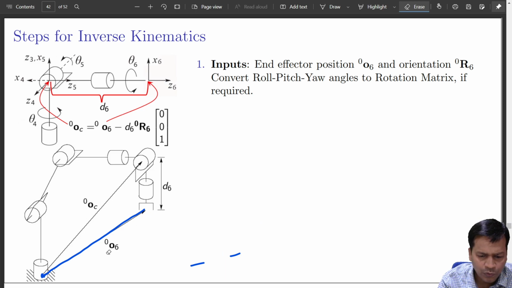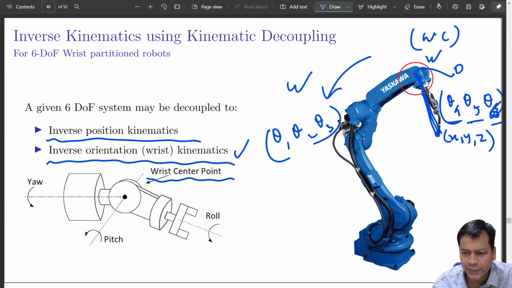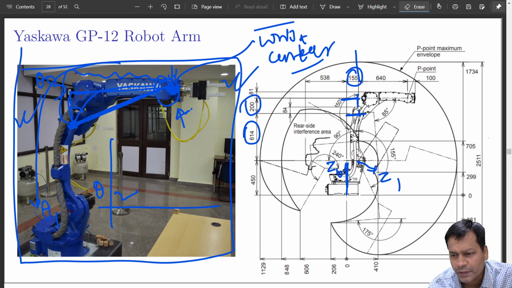So you now know O06, and you also know d6, that is the distance from the wrist center to the end effector. Let me take you to that slide once again. From the wrist center point to the end effector point, that distance is known.